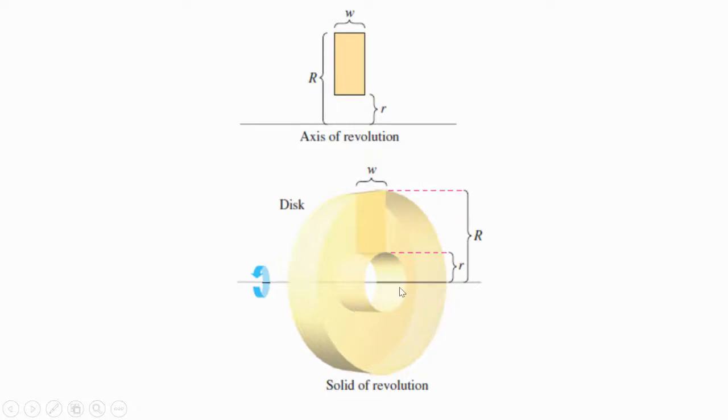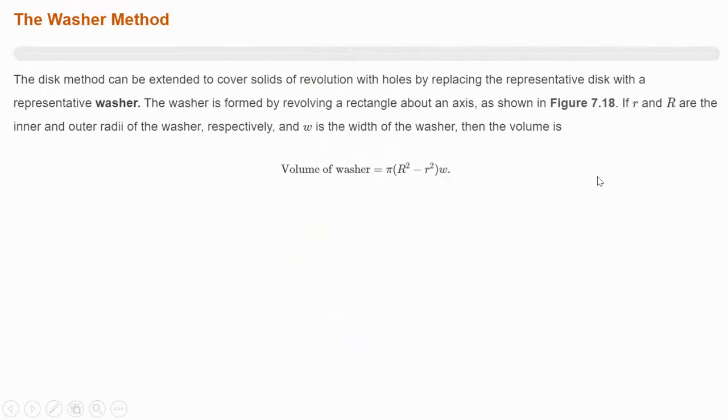And so it's important that you realize, here is the axis of revolution. The big R is the outer radius. The little r is the inner radius. And if you think about this for a while, what's going to happen with the formula is it's going to be the big disk with a hole filled in minus the little disk with a hole taken out. And that's the equation that we have on the previous slide.